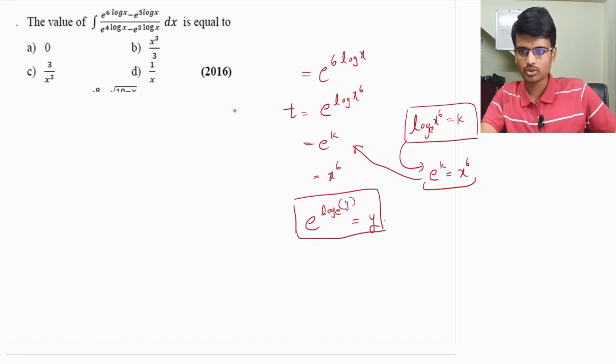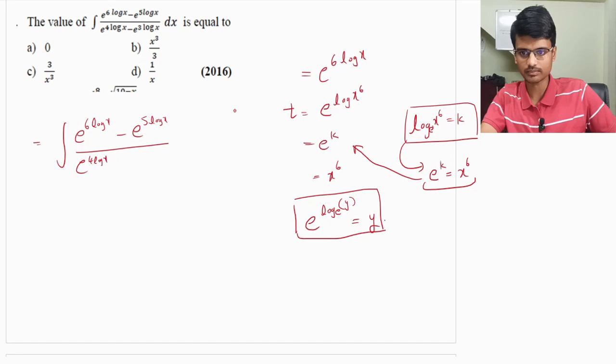So the question that we have got is the same thing. E power 6 log x minus e power 5 log x divided by e power 4 log x minus e power 3 log x dx.